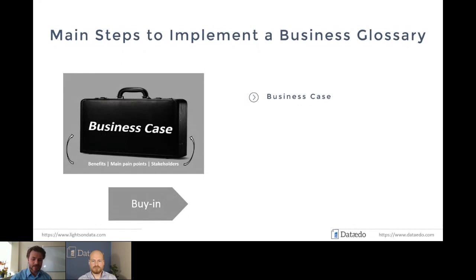And also identify those stakeholders that are deeply impacted by a lack of a business glossary and mention them. So just, the message I think overall is that, hey, there's a high cost to productivity and communication and trust in information and even data, and we need a business glossary to get some benefits out of it.